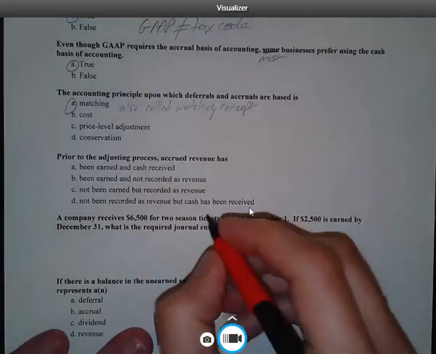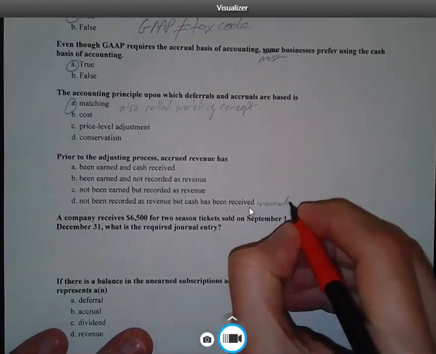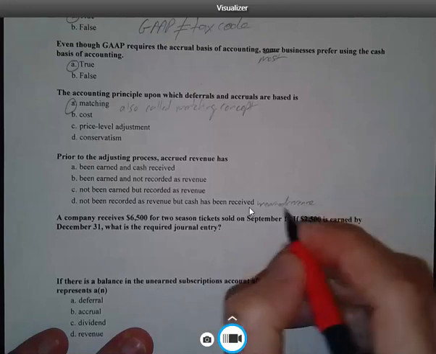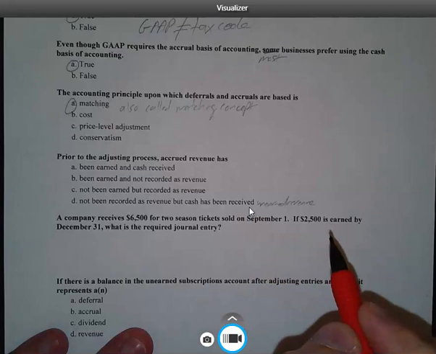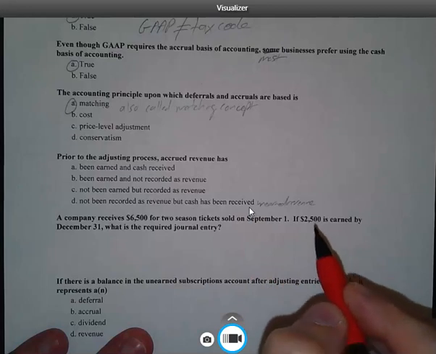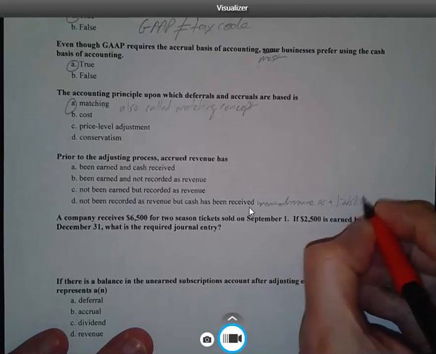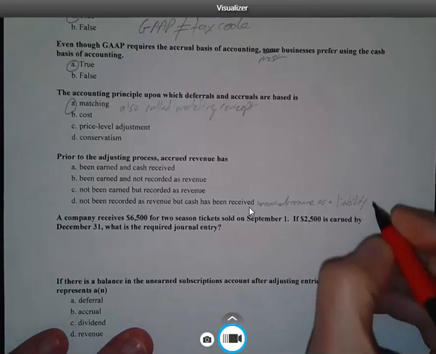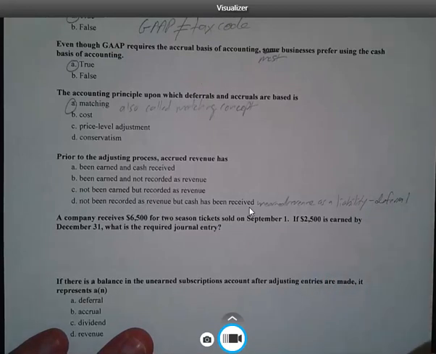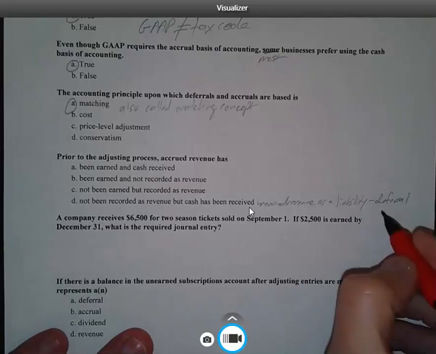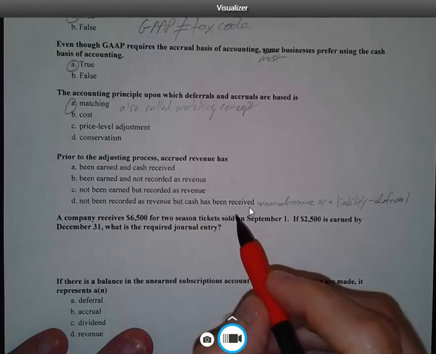This is an example of unearned revenue because the cash has been received, as a liability. Okay, and we call that by definition a deferral. We're going to defer recognition of this cash until it has been earned.